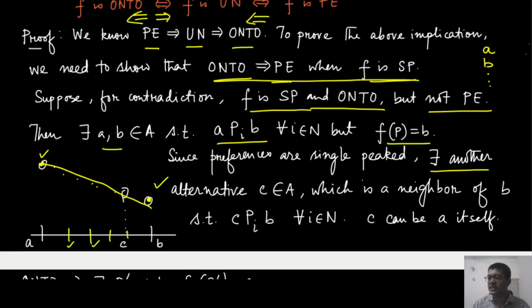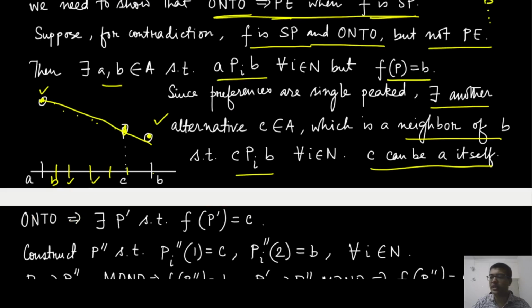So there must exist some alternative C, which is a neighbor of B, just on the left hand side in this case, such that C is strictly preferred over B, and this is possible only when we have a single peak preference. Of course, C can be A itself if there is no other alternative. Maybe A and B are sitting next to each other, then A becomes that neighbor here. But nevertheless, we can always find such a C.